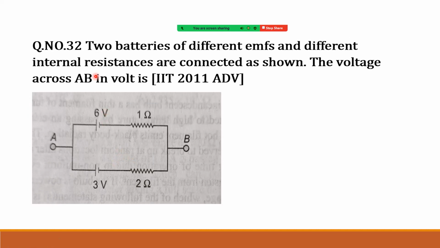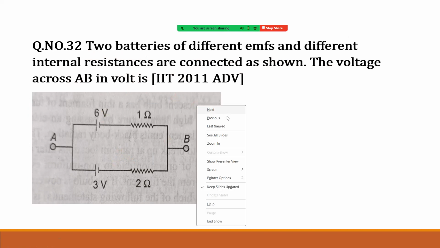Right, see the question. Two batteries of different EMFs and different internal resistances are connected as shown. The voltage across AB in volts, asked in 2011 Advanced. Now see carefully.